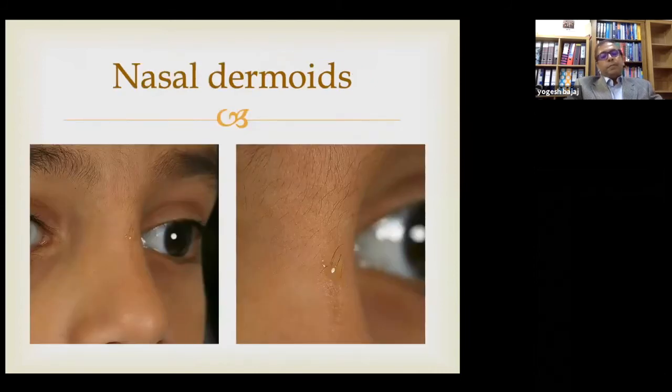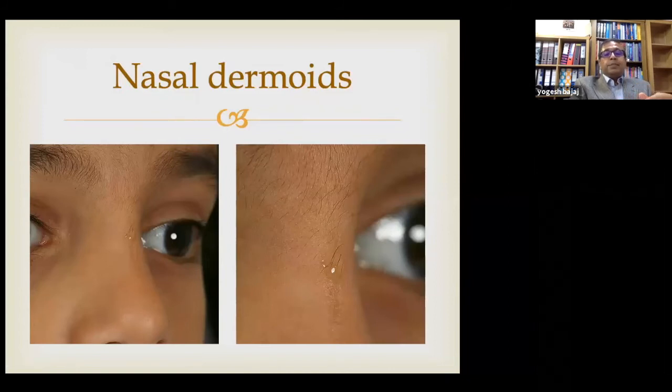I just want to put these couple of pictures. These are rare conditions, but be aware. So this is a child who presented to me literally with a small, hardly visible opening in the midline with just a drop of watery fluid leaking.